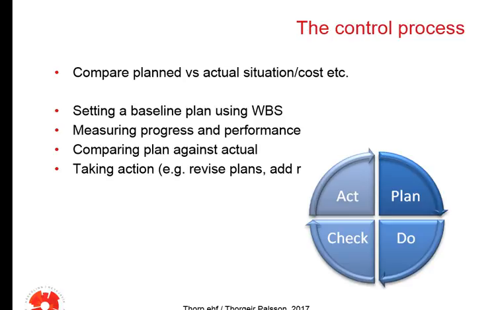It's basically the process that we need to understand. When we talk about the control process, we are talking about comparing the planned schedule in terms of time and cost versus actual. So we thought we were going to spend so much and use so much time. How are we actually doing? Are we spending so much and so much time, or are we doing better or worse?